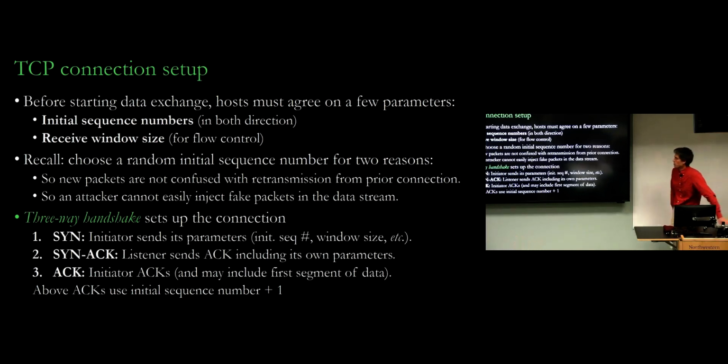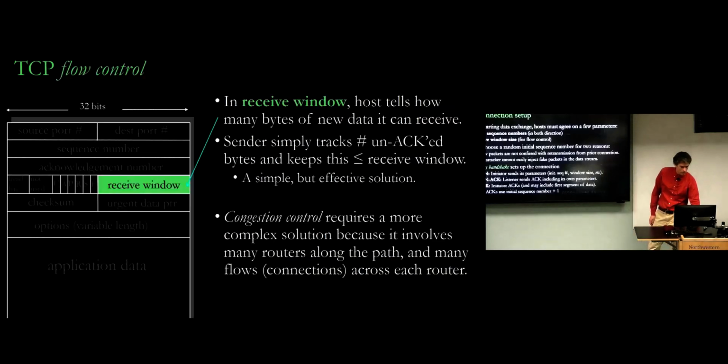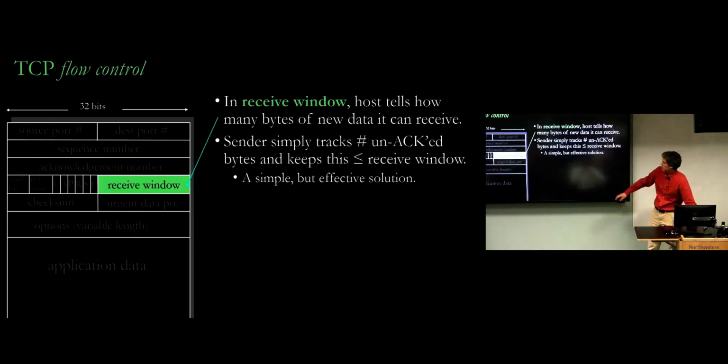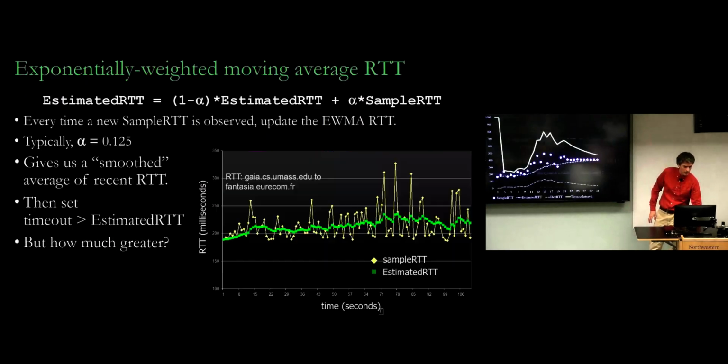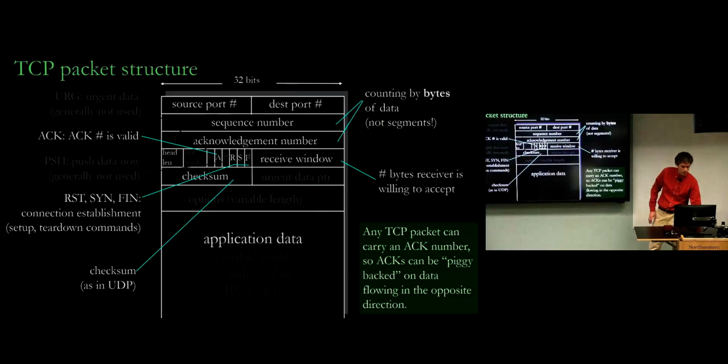Okay, so in order to exchange this information, we use a three-way handshake, which means one packet is sent, another packet is sent back, and then a third. The first one is called SYN, meaning synchronize, and you'll notice back in the diagram I had for the headers, there were bits.